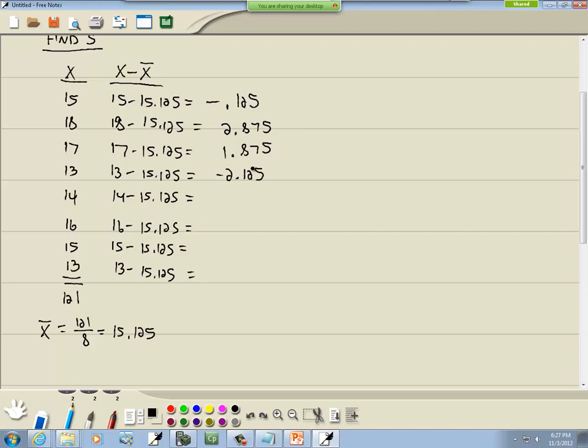And 14 gives us negative 1.125. 16 gives us 0.875. 15, we're already done, that's negative 0.125. 13, I think we're already done, it's negative 2.125.